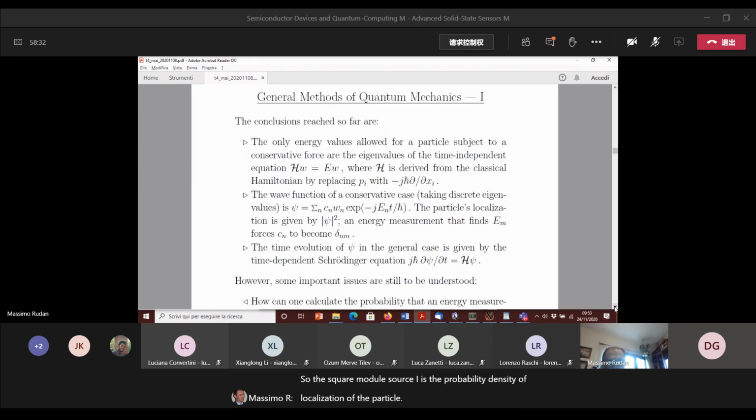And we also observed that if we measure energy, then we find one of the possible eigenvalues that is equivalent to setting all coefficients c_n to 0 but 1, the one that corresponds to the eigenvalue of energy that we have found by measuring.